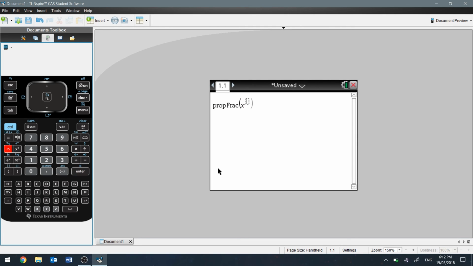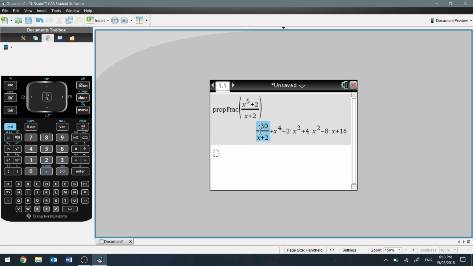So let's do x to the 5 plus 2, and I'll put brackets around so I don't have to use the control divide. x plus 2, and you can see there, just take note that this term here is our remainder, and all of this is our quotient.